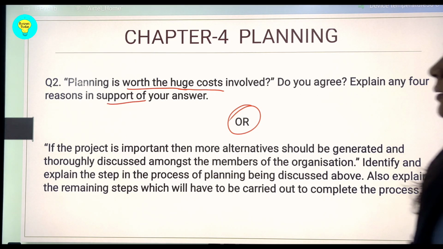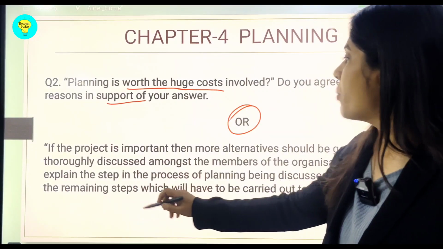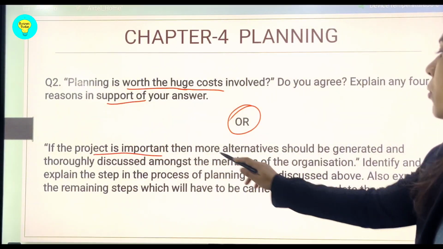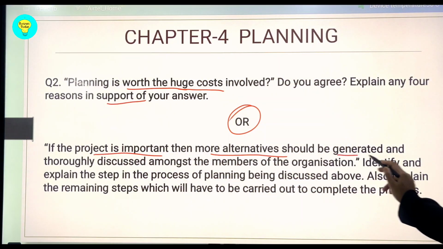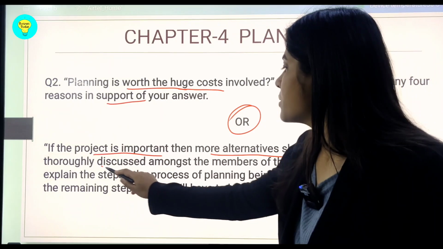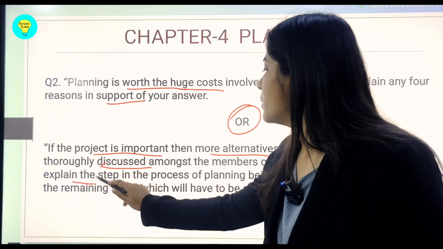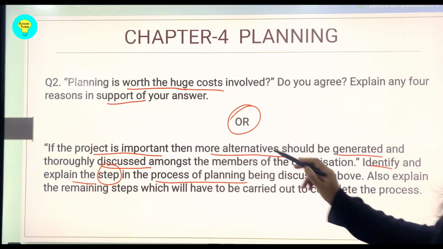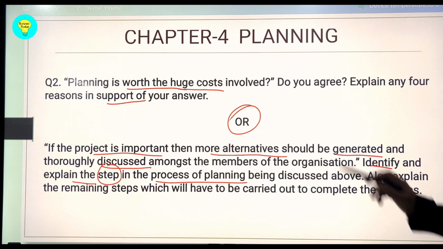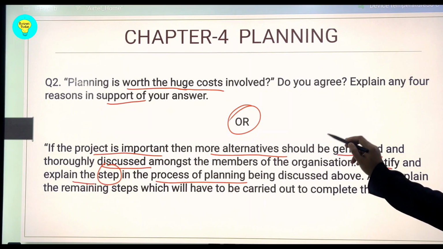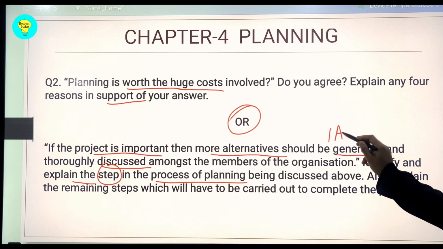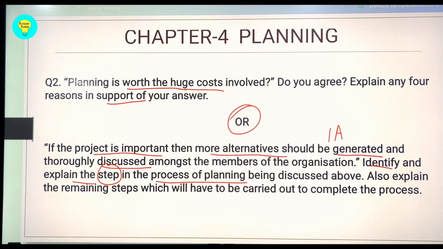First, let us see the option part. If the project is important, then more alternatives should be generated and discussed amongst the members of the organization. Now we have to identify and explain the step in the process of planning that has been talked about. So more alternatives should be generated means it is IA, identification of alternatives, and discussed.